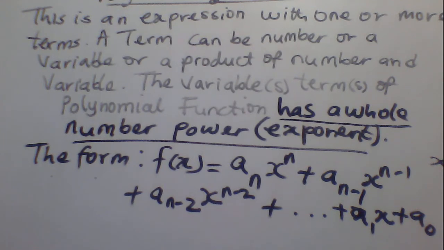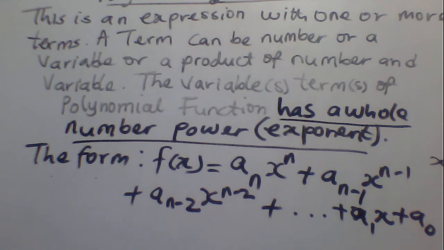A polynomial function contains two or more monomial functions. What do we know about a monomial function? A monomial function contains one number or a variable or a product of a number and a variable.